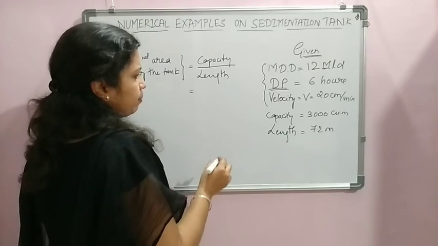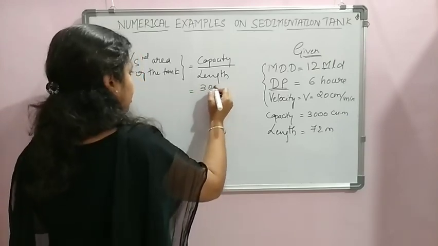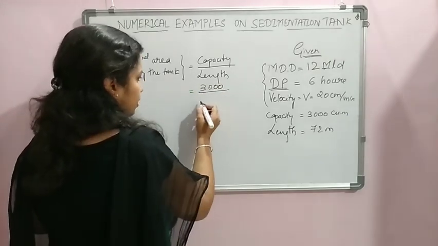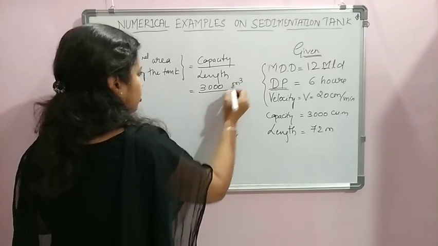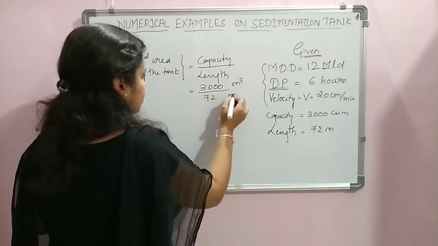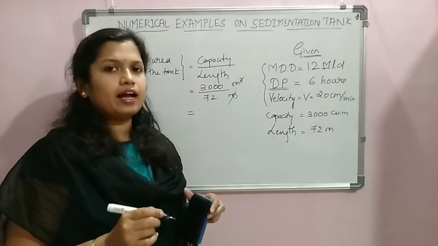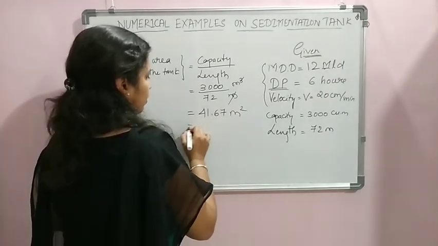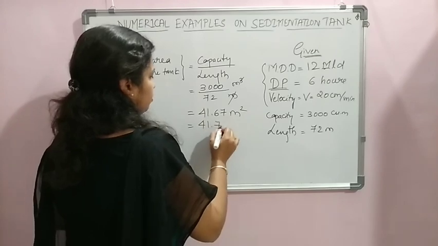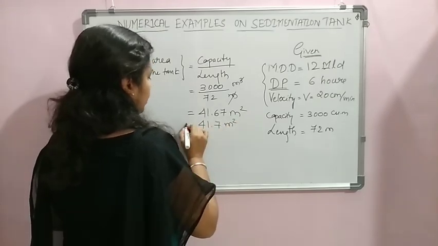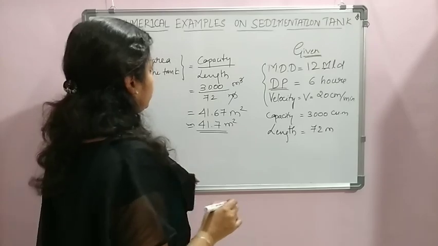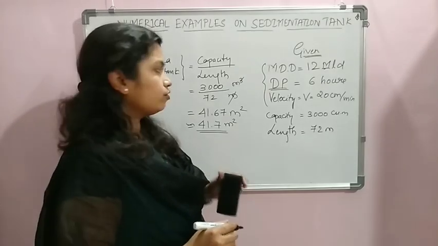We have capacity as 3000 meter cube divided by 72 meters. These two get cancelled and we get the answer as meter square, nearly 41.7 meter square. So this is the cross-sectional area of the tank.